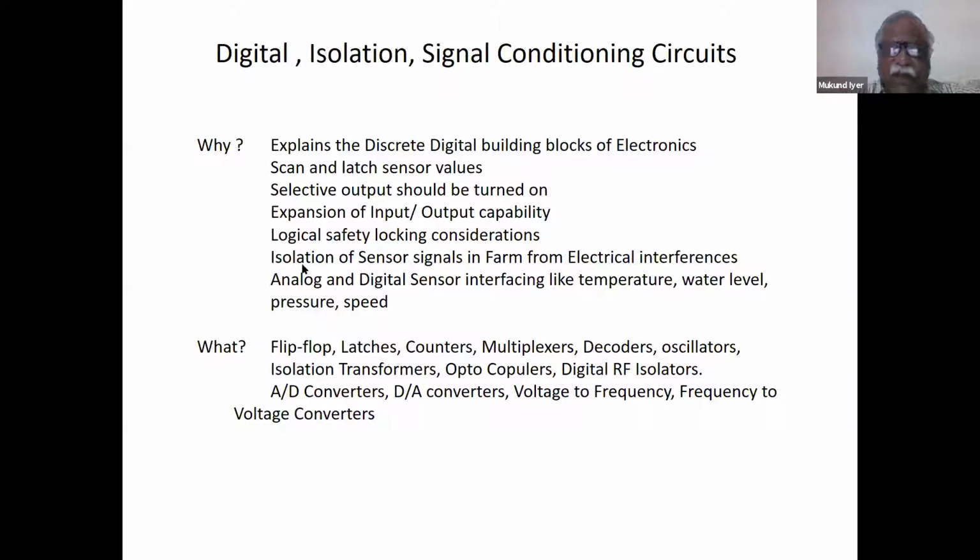Well, they are what we call logic gates, flip-flops, counters, decoders, isolation amplifiers, optoelectronic systems, and things like that. Well, it all appears to be just jargon as far as a lot of people are concerned. So we will go into details of whatever details we can go into. Can we have the next slide, please?